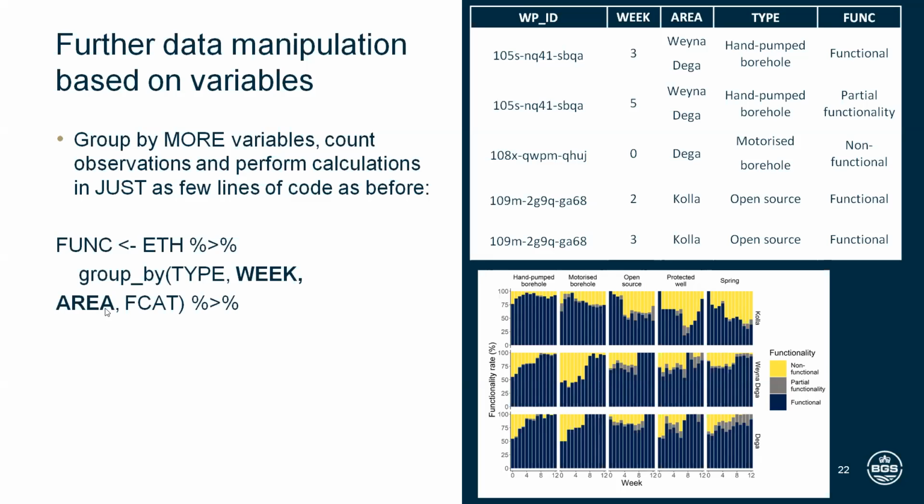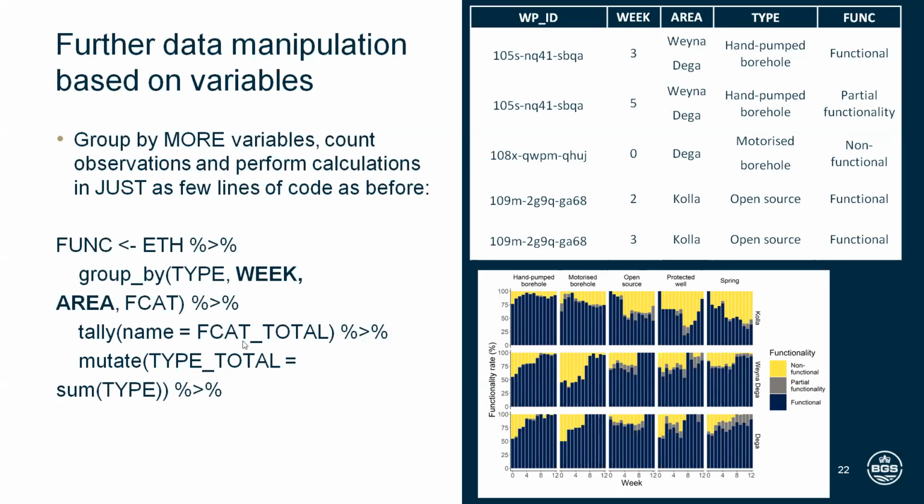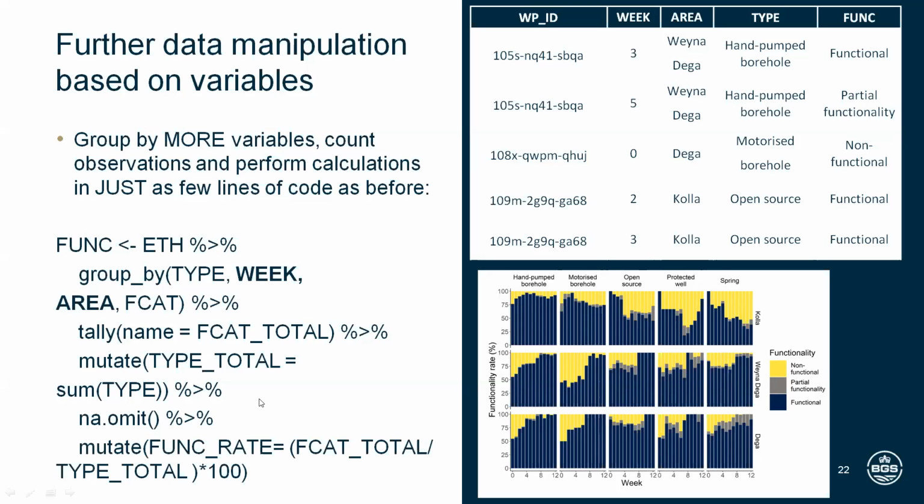Basically, it's the same as we did before, but this time we group by 2 additional variables. So in addition to type and functionality category, we also group by the week and the area. Again, we tally the groups that we create. We create a new total column and sum the number of different types within each category, and everything else is the same.